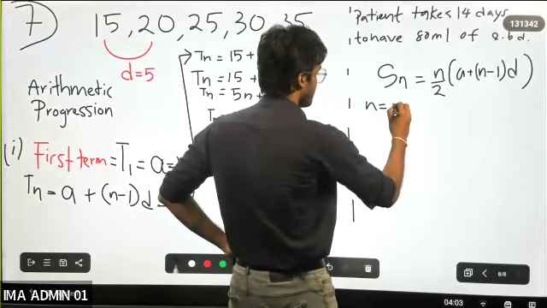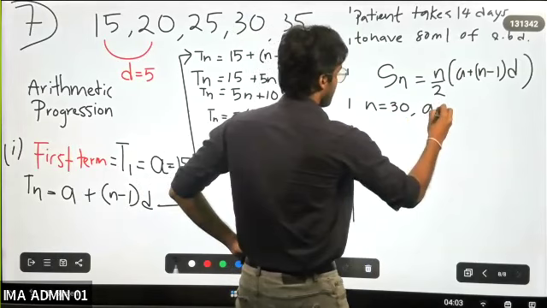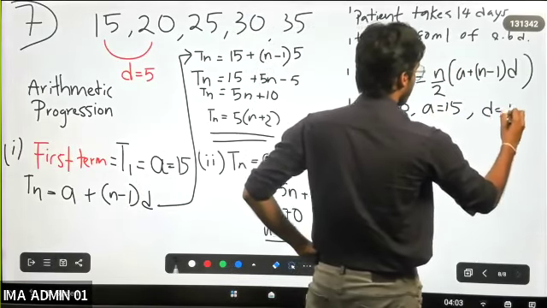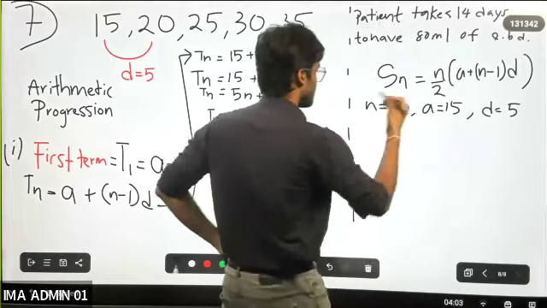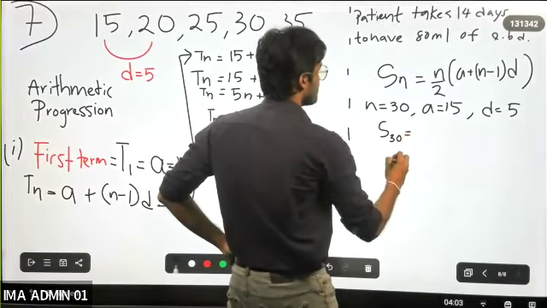So n here is 30, for 30 days, and a is the same old 15 and the d is the same old 5. So we simply need to add accordingly.